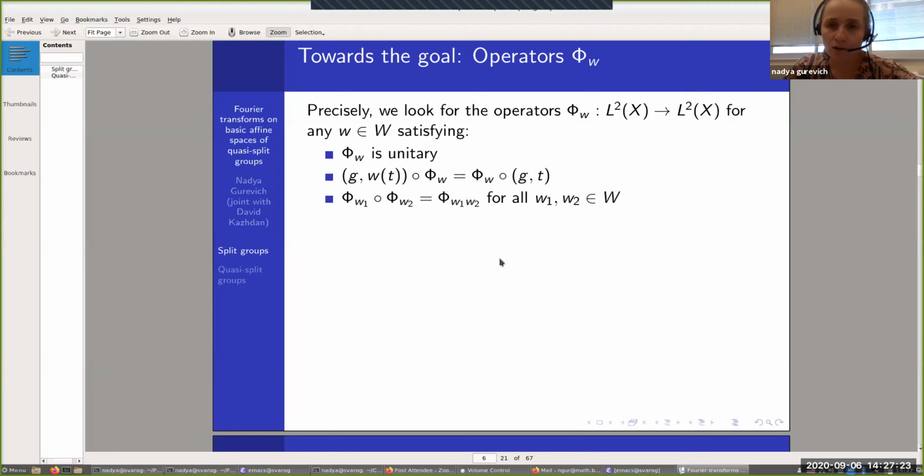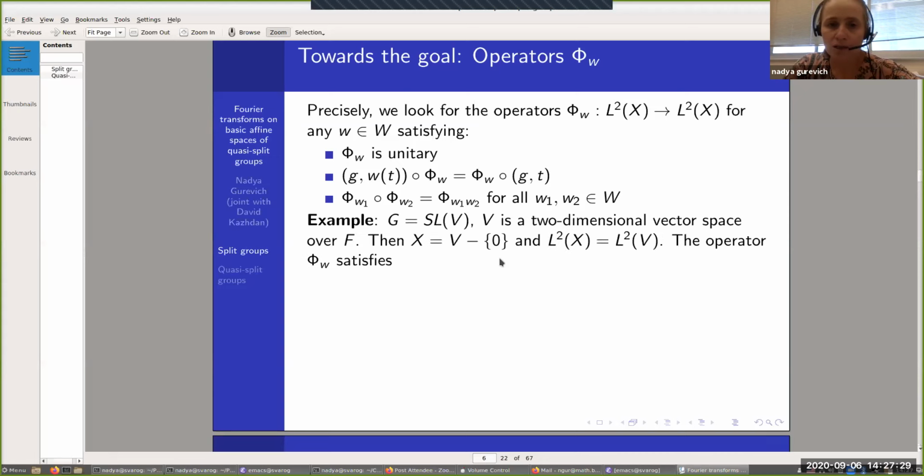And now, of course, we should start with the simplest example, which is the group SL2, to explore what we actually have in this case. So the group G is the group SL2. I want to look at it as the group of operators of determinant 1 on a two-dimensional vector space V over my ground field.